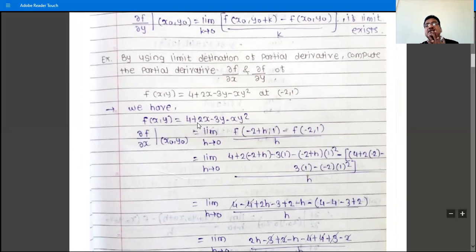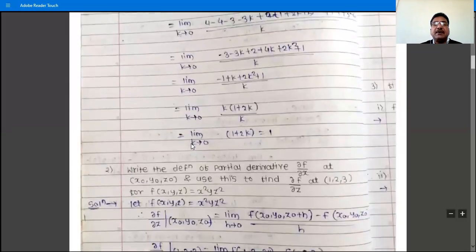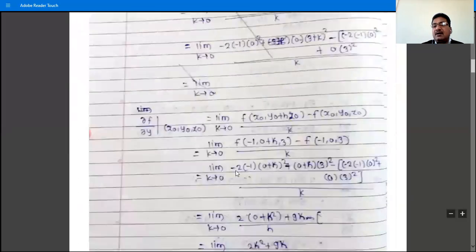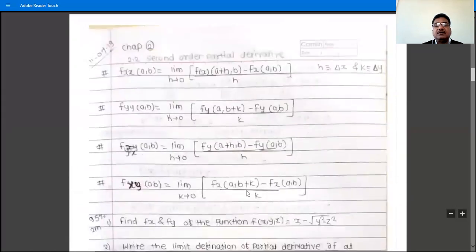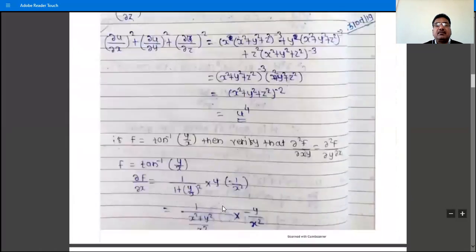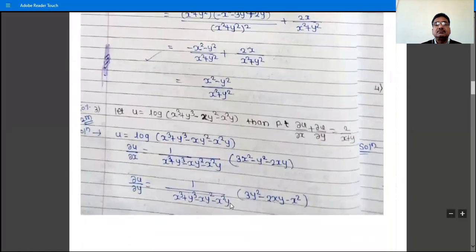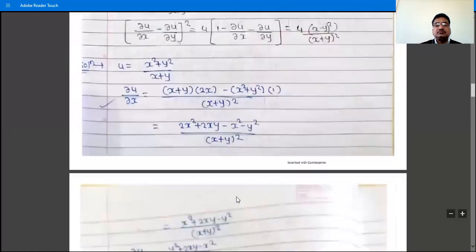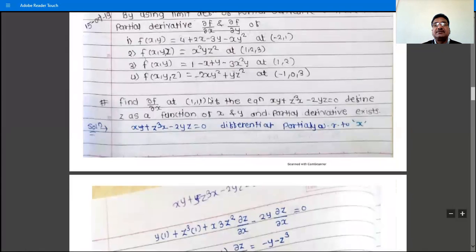So similar to this, write the definition and find the partial derivative with respect to x, y, z by using definitions. Okay, so solve these problems.